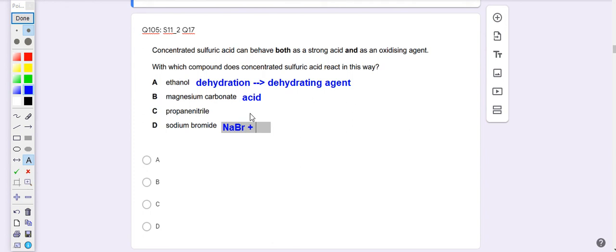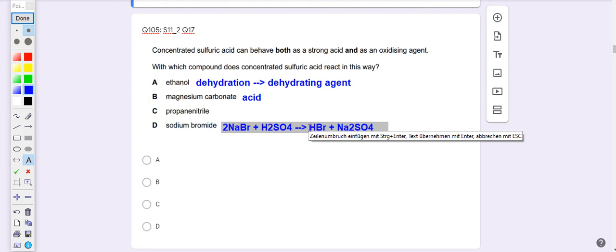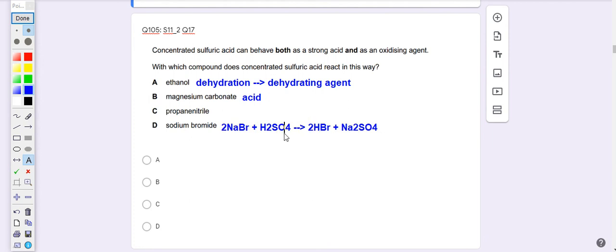The first step will be NaBr and H2SO4, and you will get HBr and Na2SO4, sodium sulfate. Of course, this equation is not balanced. If we want to balance the equation, it will be like this. Now, this is step number one.